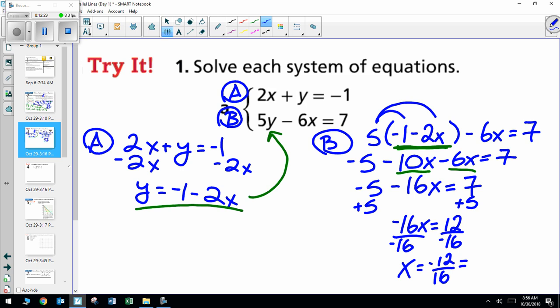So 4. So yes, 12 over 16 is the same as 3/4 times 4 over 4, so that you can reduce out the 4. So you get x is -3/4. So x is -3/4 is one of my answers.